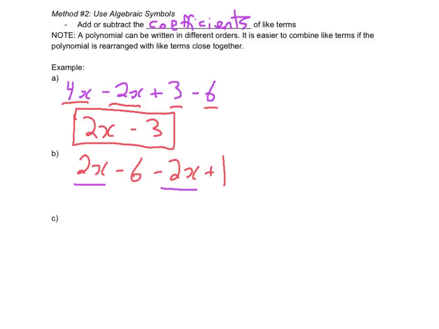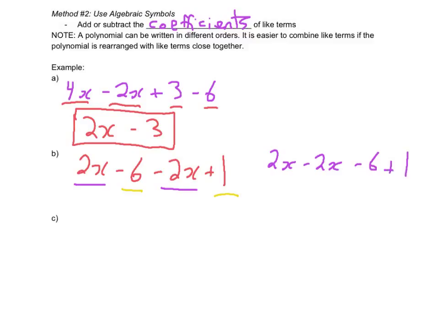Okay, and then we also have this negative 6 and positive 1 that are common. So here's where I would say it's probably easier to rewrite this with the like terms together. So I'm going to rewrite it as 2x. I keep this negative sign and write minus 2x, and then I write the other set of terms on their own, minus 6 plus 1.